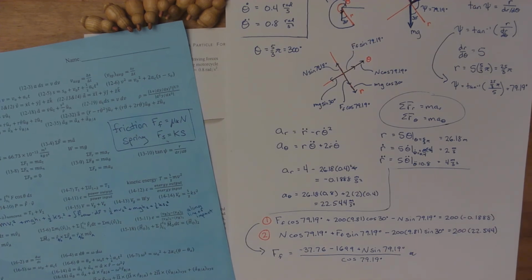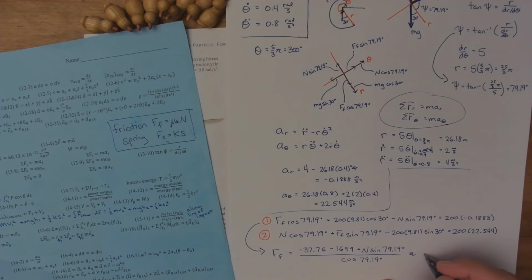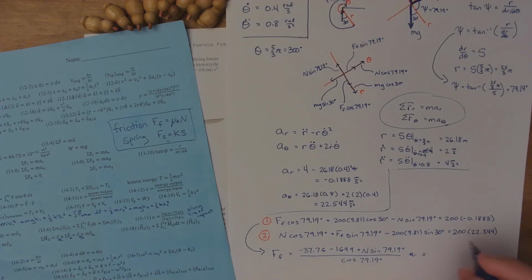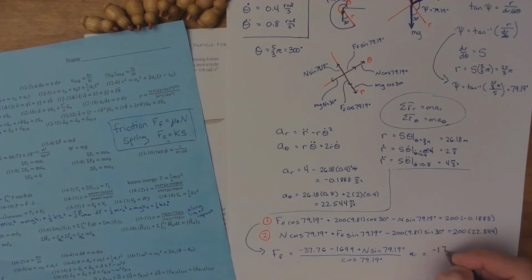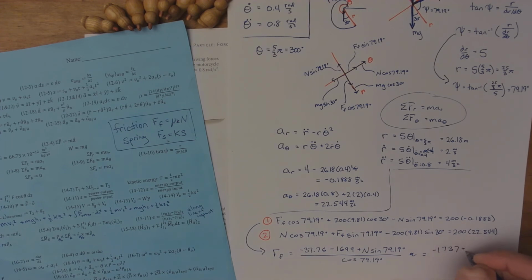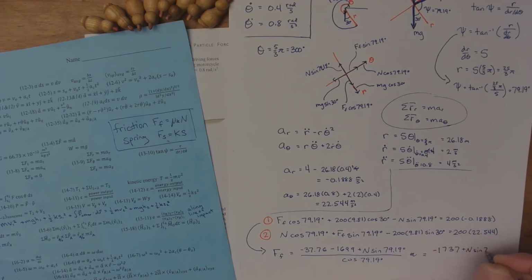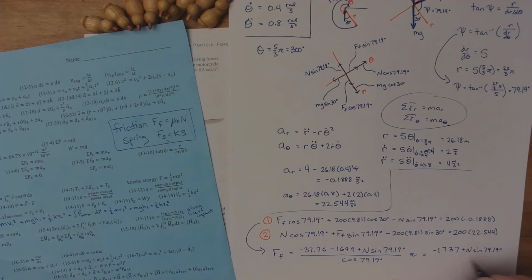And then take a look at, oh, we could do this though. The negative 37.76 minus 1,699 gives me negative 1,737. You could also figure out what sine of 79.19 degrees and cosine of 79.19 degrees are, but I'm just going to leave it like this for now.